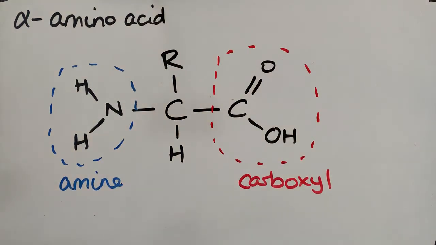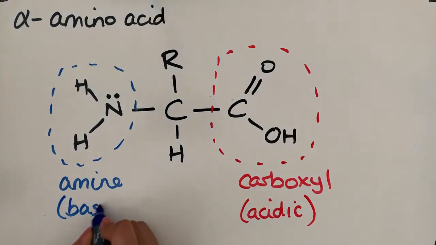A carboxylic acid is obviously the acidic part. It can lose that proton, and that's what makes this acidic. Whereas the amine part, the nitrogen has a lone pair on it, therefore it can accept a proton, and that makes this side of it the basic part. So an amino acid has both an acidic end and a basic end, and therefore the reactions it can undergo are both the reactions with acids and bases.